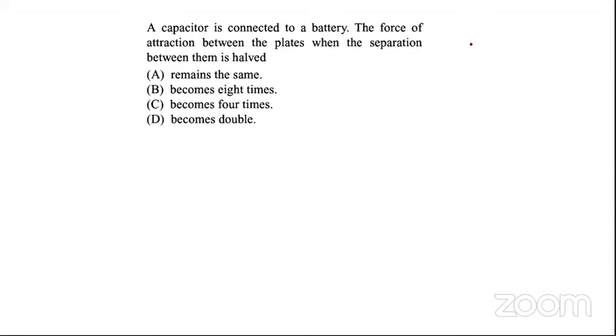No, Kritika, that's not the right answer. Anyone else?